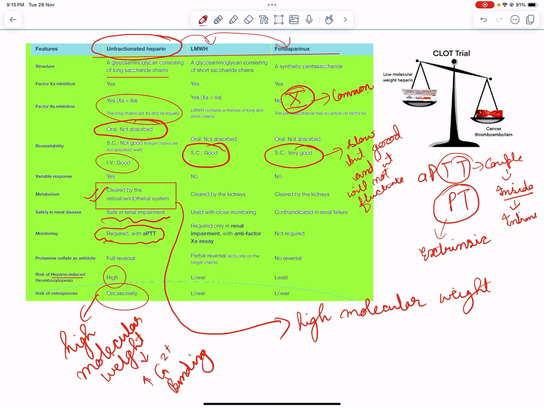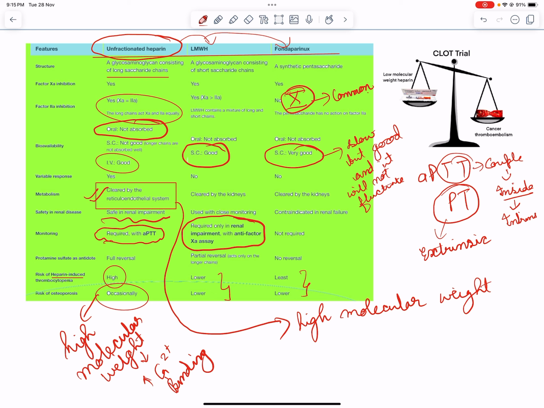And low molecular weight heparin needs monitoring only in renal impairment, and since they are low molecular weight, they will not bind calcium, and no osteoporosis will happen.